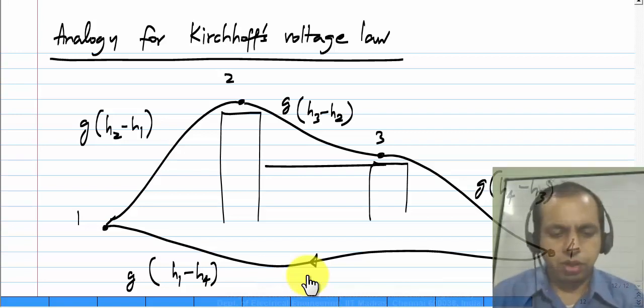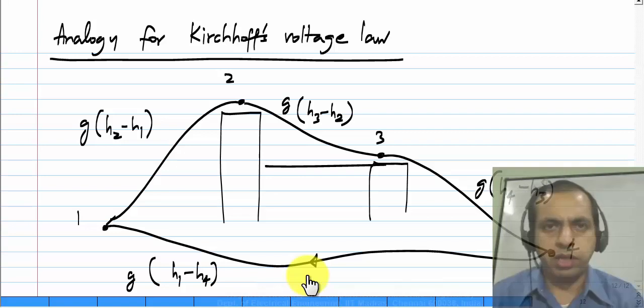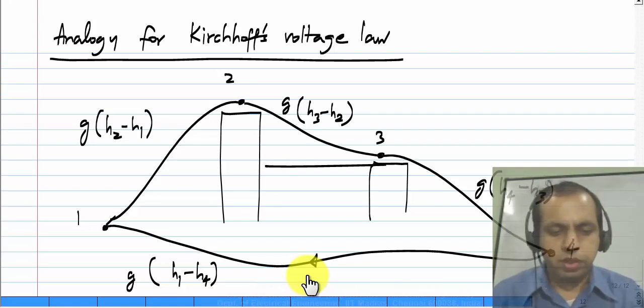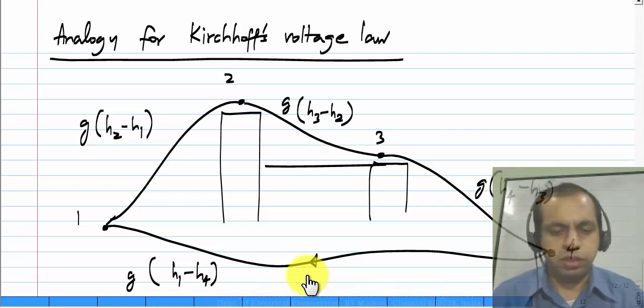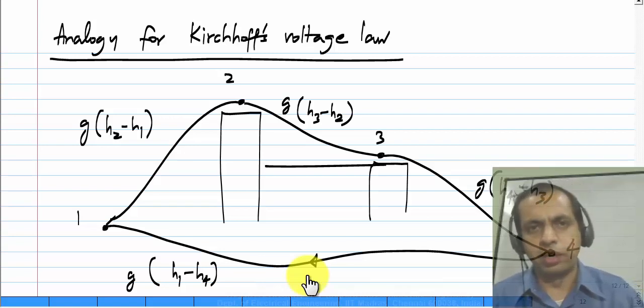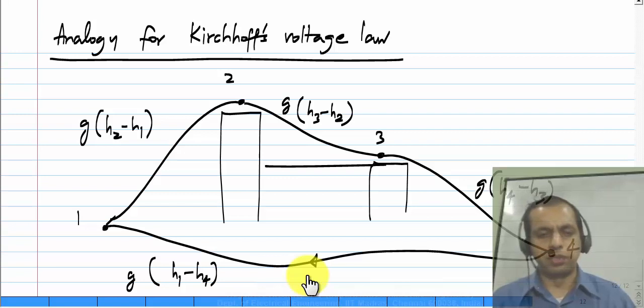The actual potential rise in any part could be either positive or negative. From 1 to 2 it's of one sign, from 2 to 3 it's of the opposite sign, and so on. But the sum of all of those things taken in a consistent way is 0. Here I have taken the height that is gained, so this is positive and that is negative. But you could also take it with the opposite polarity and you will end up with exactly the same result.